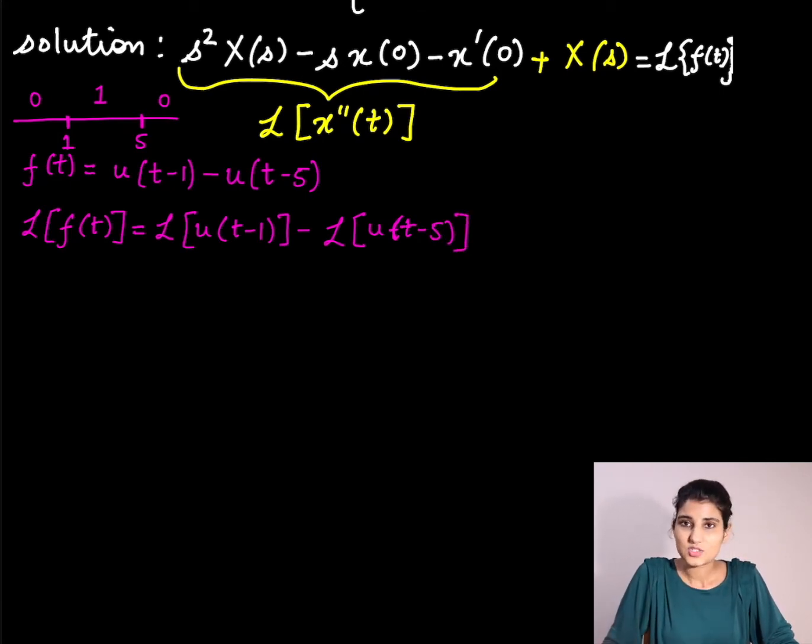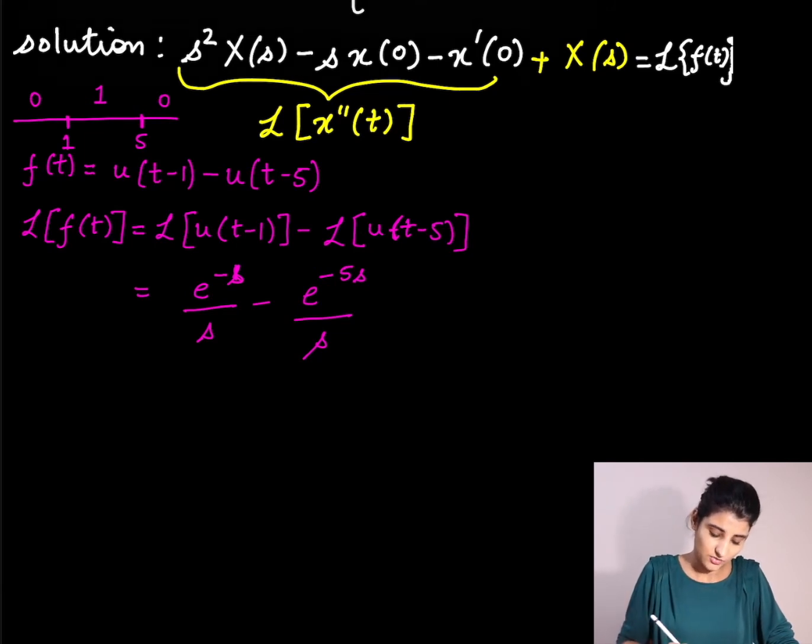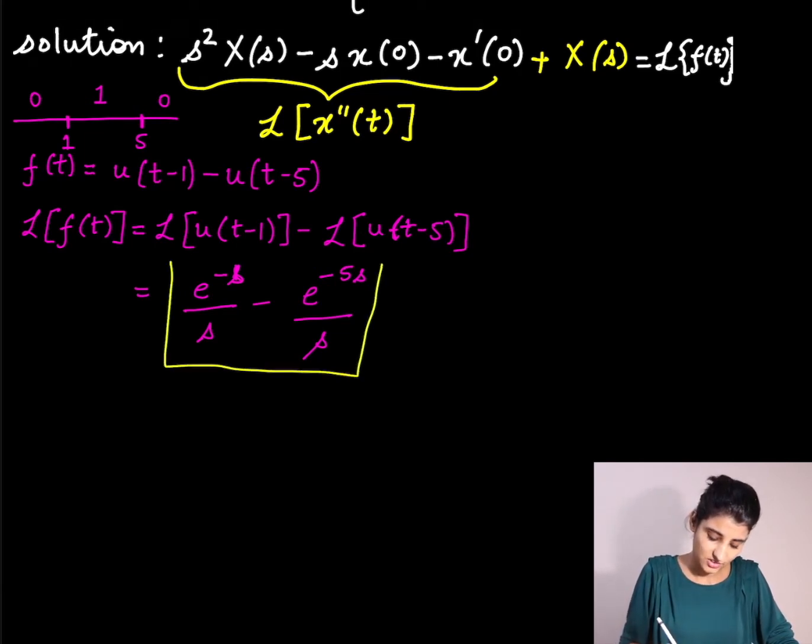To find the Laplace transform of u(t minus 1) and u(t minus 5), we can use our table, which says it's going to be e to the power negative s divided by s, minus, the in-between sign is negative, e to the power negative 5s divided by s. Using our table, we found the value of Laplace of f(t).